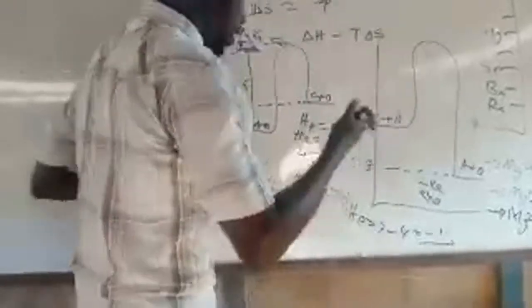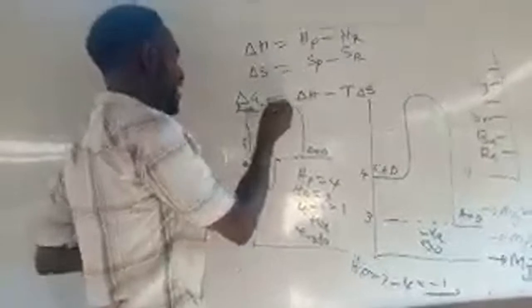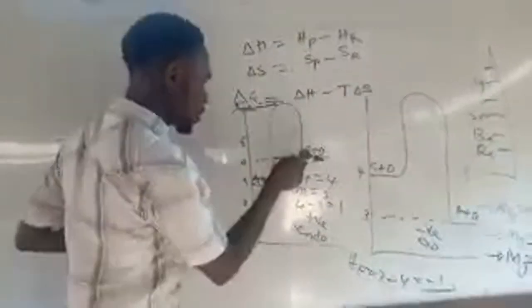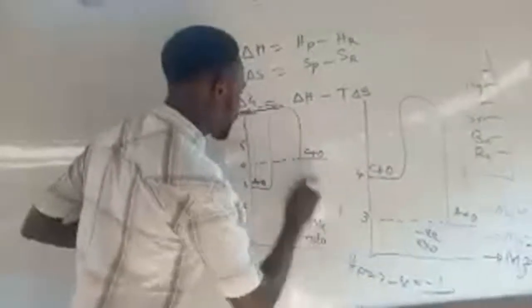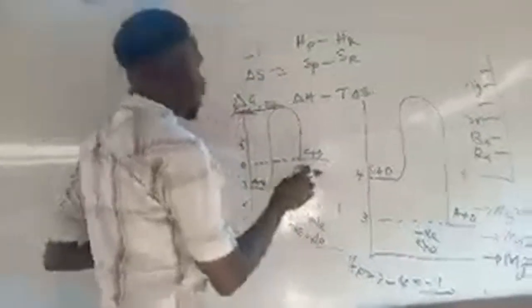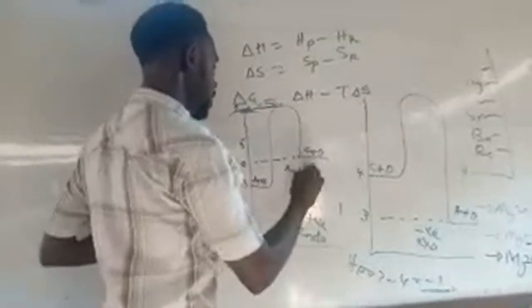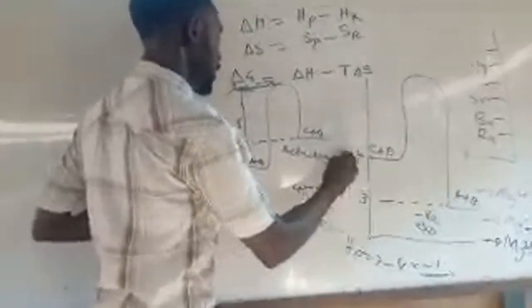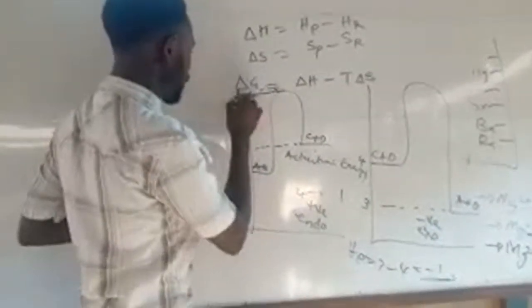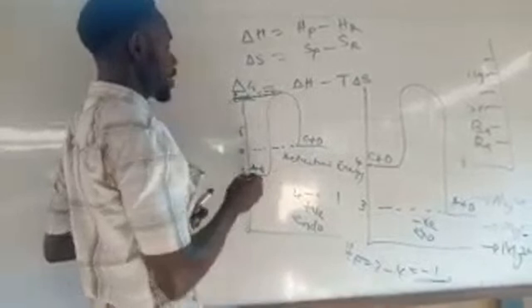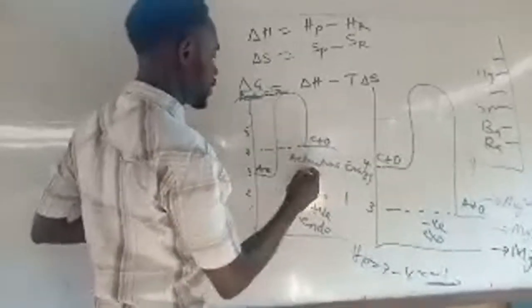So if you are asked between the energy of the reactant and the complex, not the product, please, which means if you are asked to find the activation energy here, usually denoted this way. If you don't understand this, let me write it well. Activation energy for this starts from 3 to 6. So the difference now is 6 minus 3. So the activation energy here is 3.